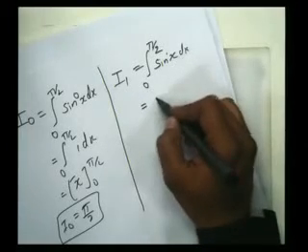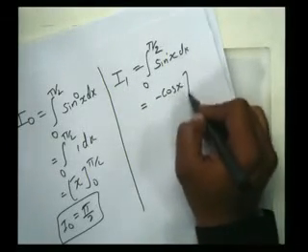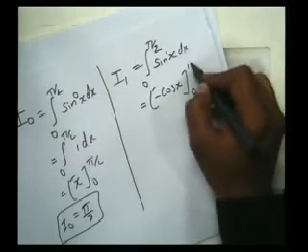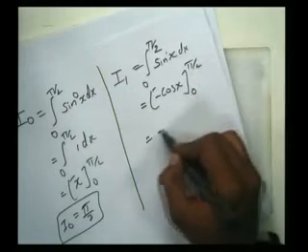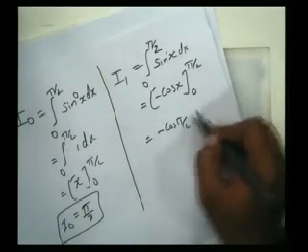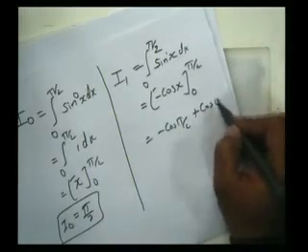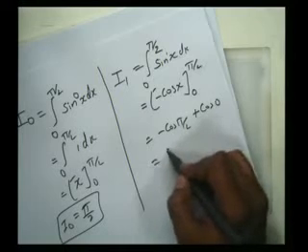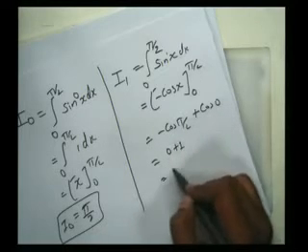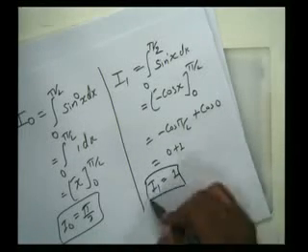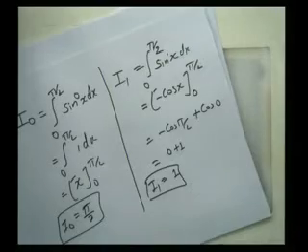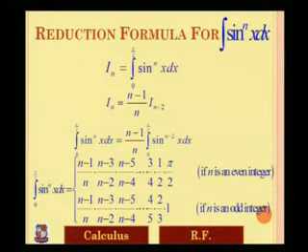Integration of sine is minus cos x from 0 to pi by 2, equal to minus cos pi by 2 plus cos 0. Cos pi by 2 is 0, plus 1, equal to 1. Therefore, I1 has value 1. And calculating these two values of I0 and I1, we have the last formula.